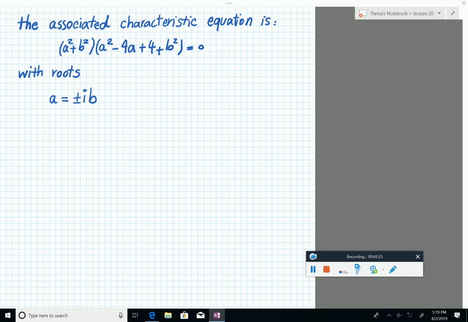So i is here the complex, the imaginary unit, and then for the other part we have a 2 plus minus i b. Or you can write b in terms of a, okay.